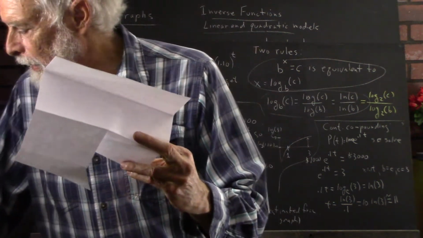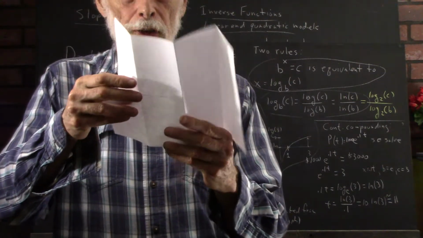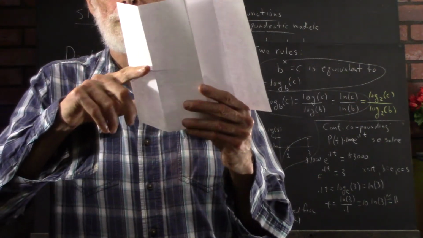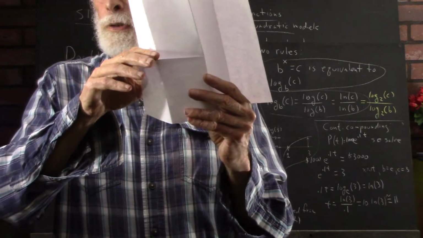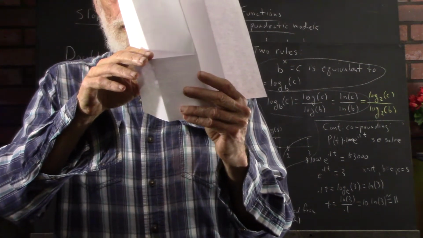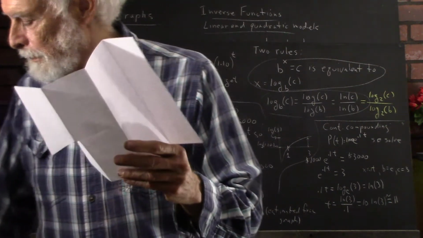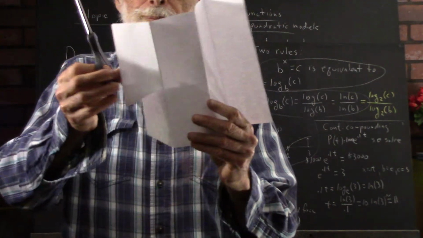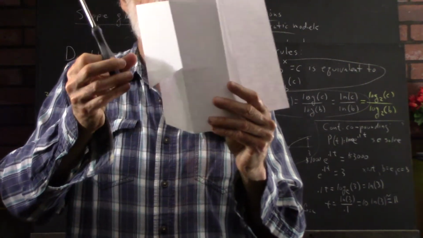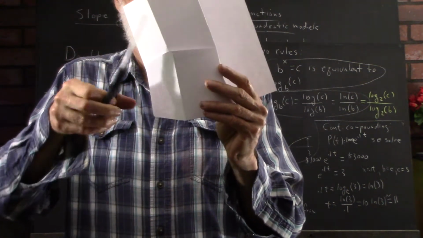Okay, now I did something wrong when I demonstrated this in class. I said the next one should be parallel to this one. Okay, the third cut should be parallel to the first cut, but not quite at the same angle. Well, I should have said the slope of the third cut should be opposite the slope of the second cut.